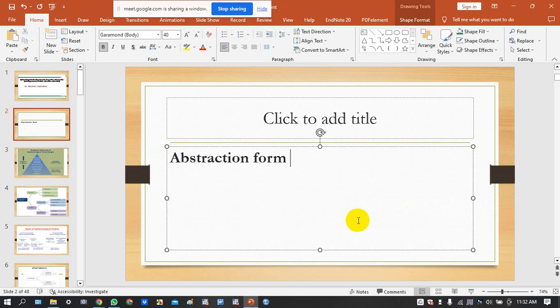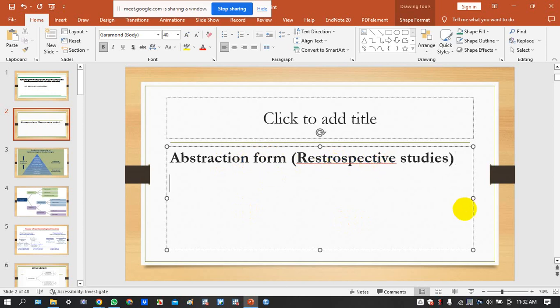An abstraction form is used only for retrospective studies. So what is an abstraction form? It is a questionnaire that we use to collect information for retrospective studies.